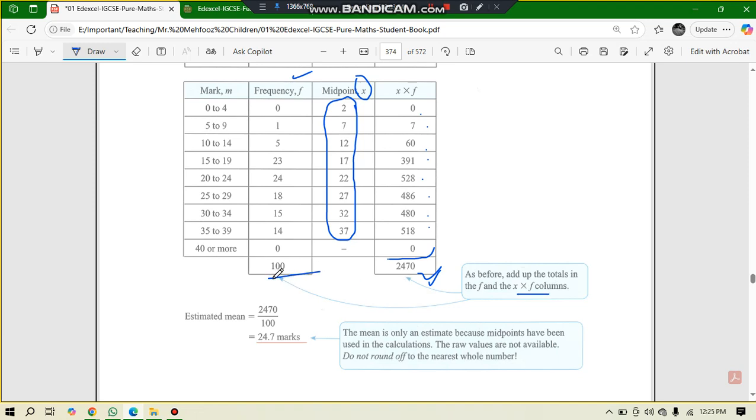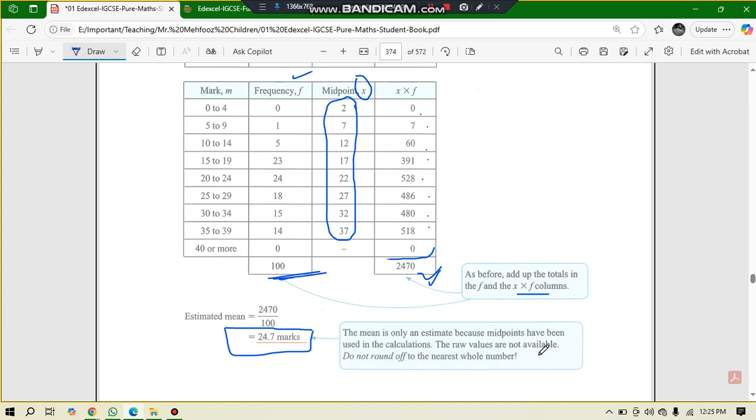As you saw in the previous example, the mean is equal to the sum of fx divided by the sum of frequencies. That equals 2470 divided by 100, so the mean marks are 24.7.